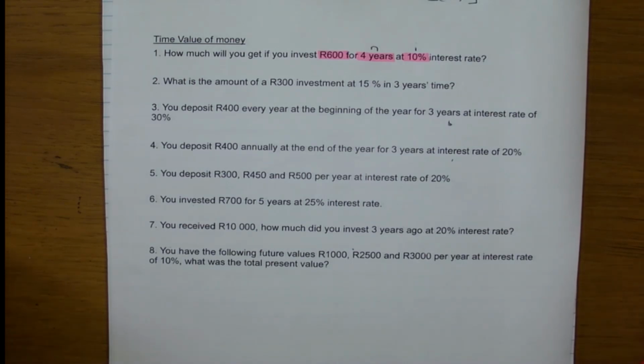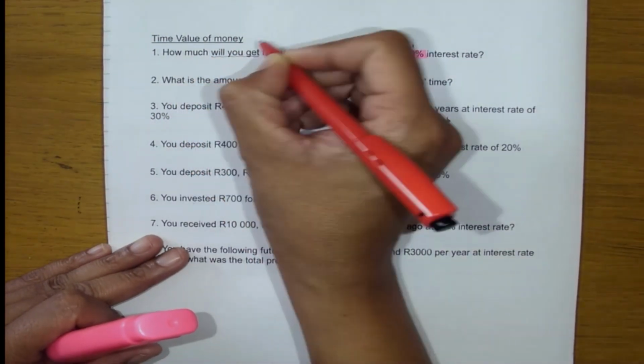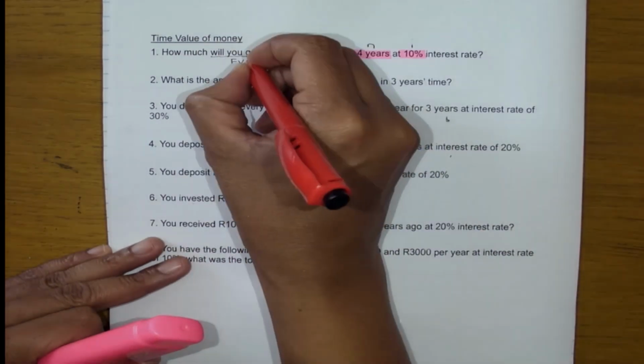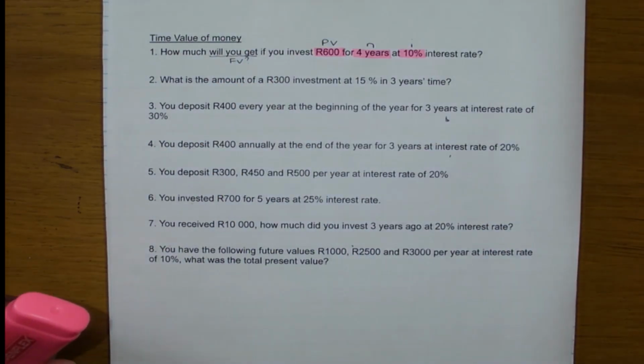But what are they asking me? Are they asking me for present value or future value? Now they're saying how much will you get? That means this is in future. So they want the future value. So if they want the future value, they will always give you the present value.